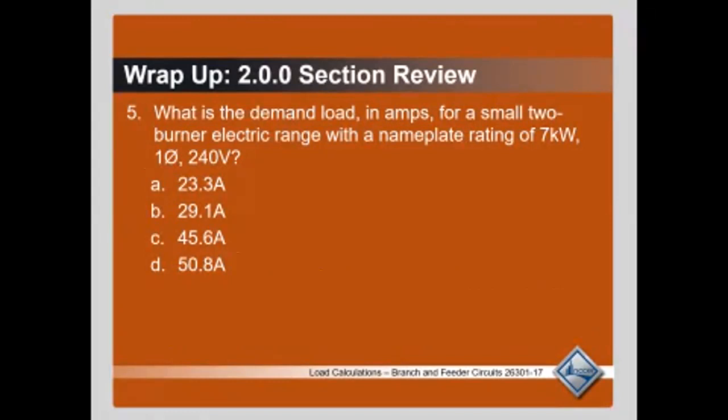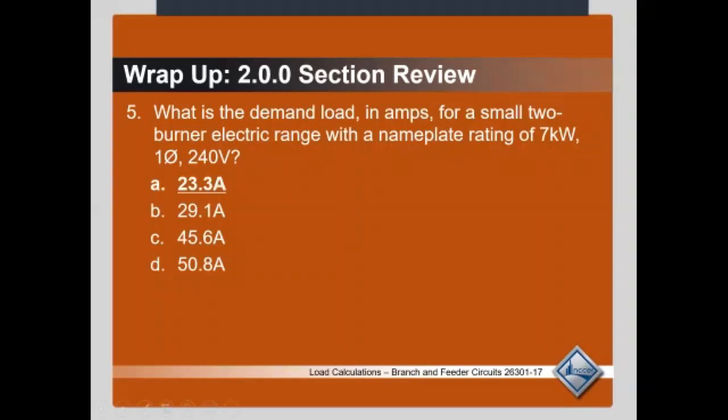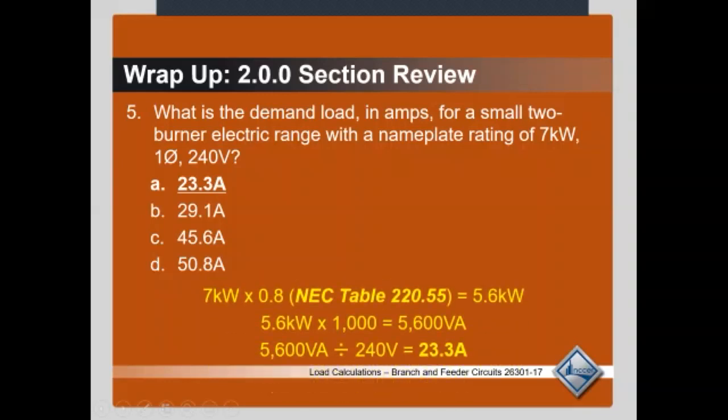So we're going to take that 7,000 and divide that by what? 240. 7,000 divided by 240 equals 29... 30. Says 23.3. So we take that, multiply it times 0.8, it goes up to 5.6.